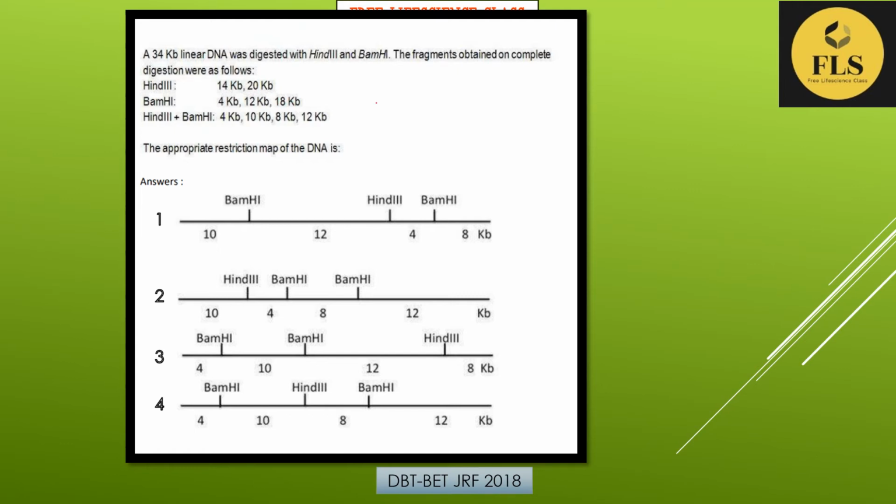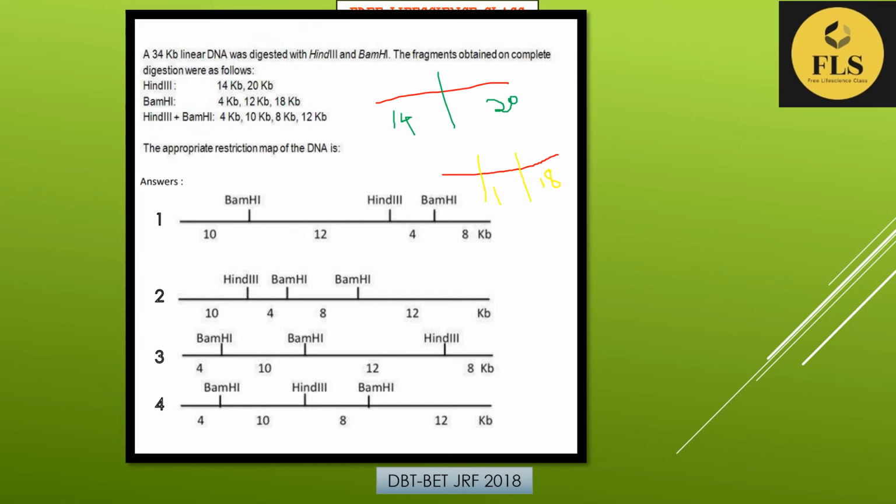That means if you use HindIII, you will get a 14 kb fragment and a 20 kb fragment. If you use BamHI, you will get 3 fragments: one at 4 kb, one 12 kb fragment and one 18 kb fragment.